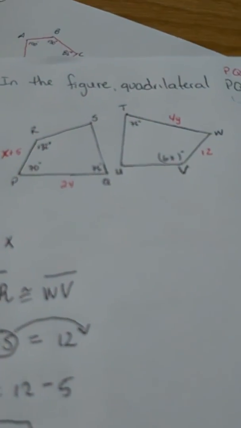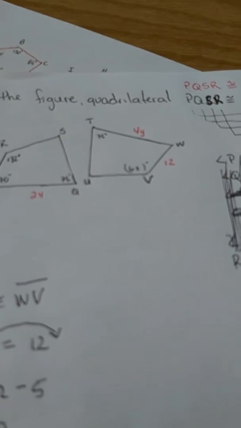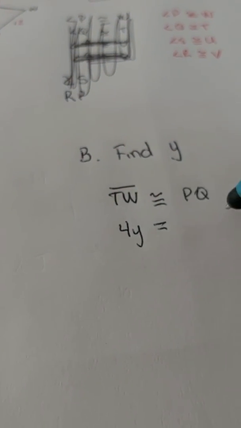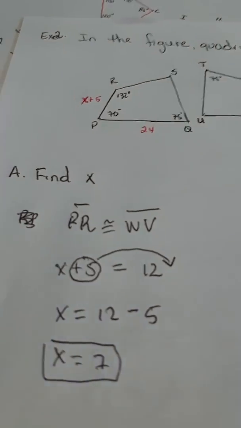So what is the measure of TW? It's 4Y. TW is congruent to PQ. What's the measure of PQ? PQ equals 24.